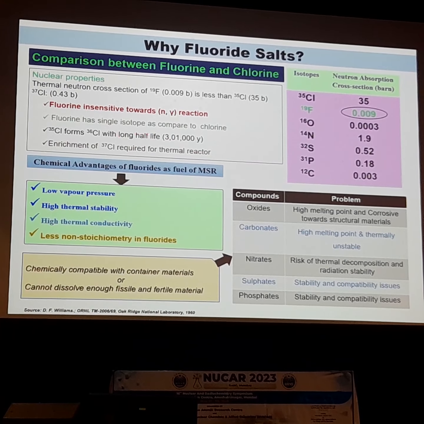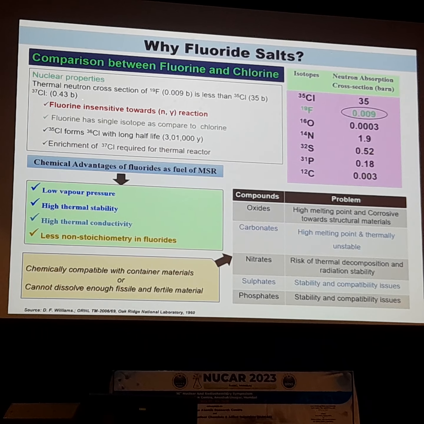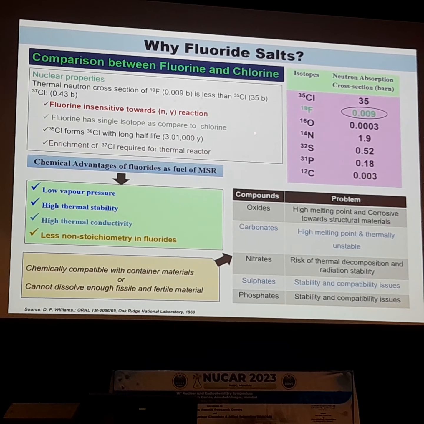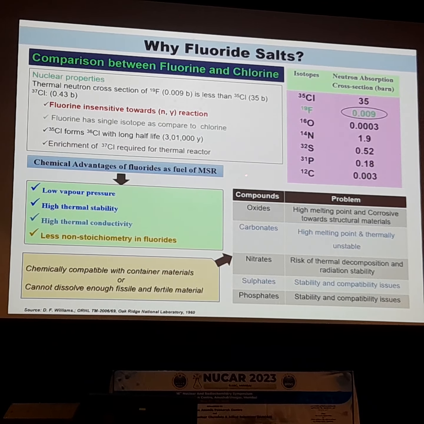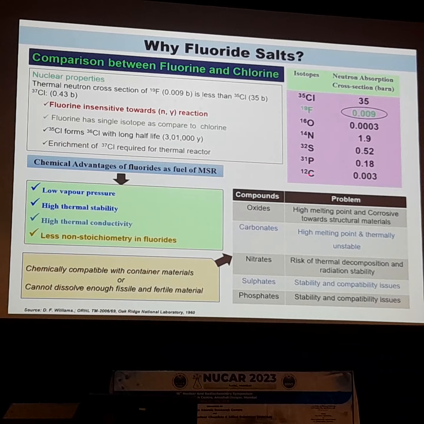So it should be enriched with chlorine 37, which has a very low neutron absorption cross-section. For fast breeder reactors, chlorine can be an option, and studies are going on in recent years.